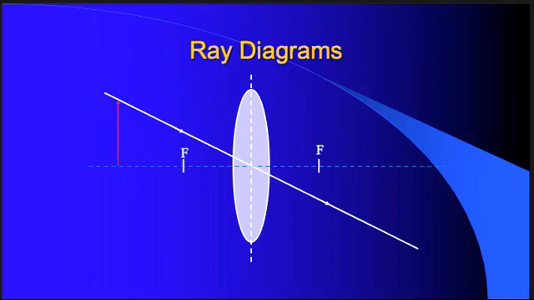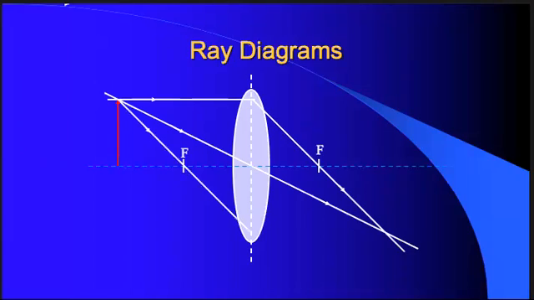Then a second ray will be parallel to the axis, then pass through the far focal point. Then the next ray passes through the focal point and then draws parallel to the axis. That is where the image is.